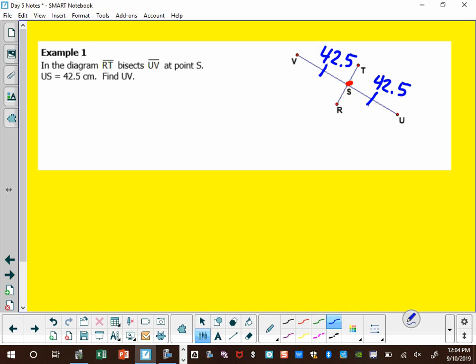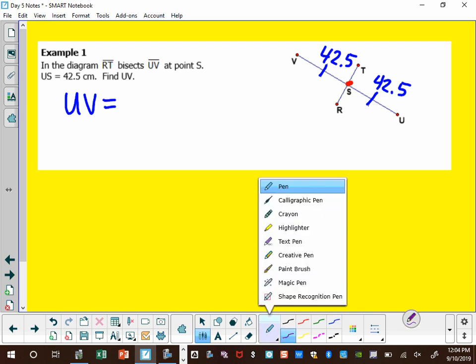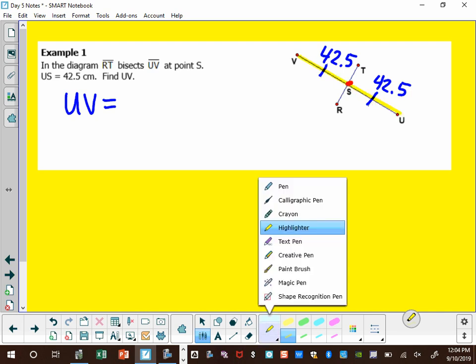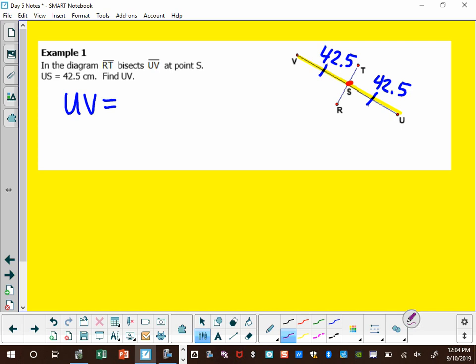So I'm going to fill in my picture based on what I know. Now it says to find UV. So that means they want us to find this entire segment here. We can add the numbers. So what's 42.5 times 2?